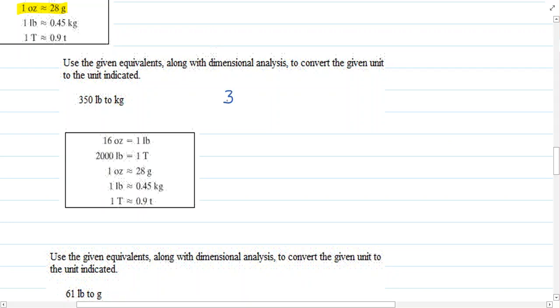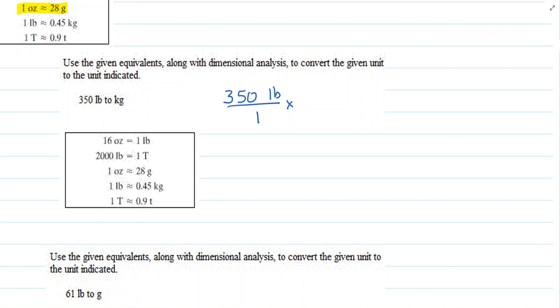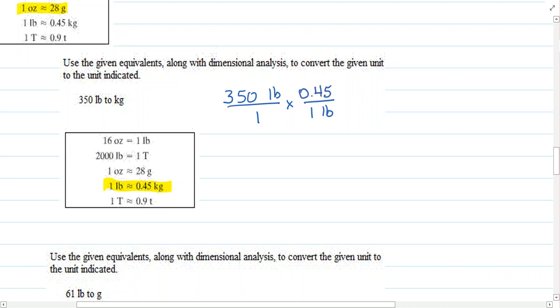So I have the 350 pounds over 1. And I want to change pounds to kilograms. And I see it right here. A pound is approximately that part of a kilogram. Remember, kilogram is the largest unit we study in this course.